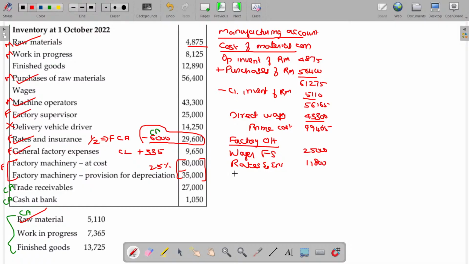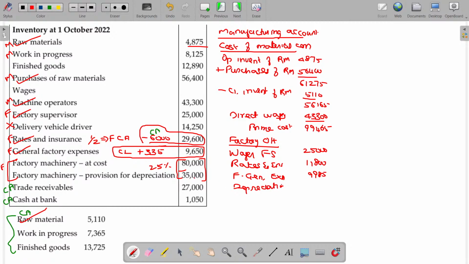Factory general expenses. You have to add 335 with 9,650, 9,985. Then you have to find out the depreciation.